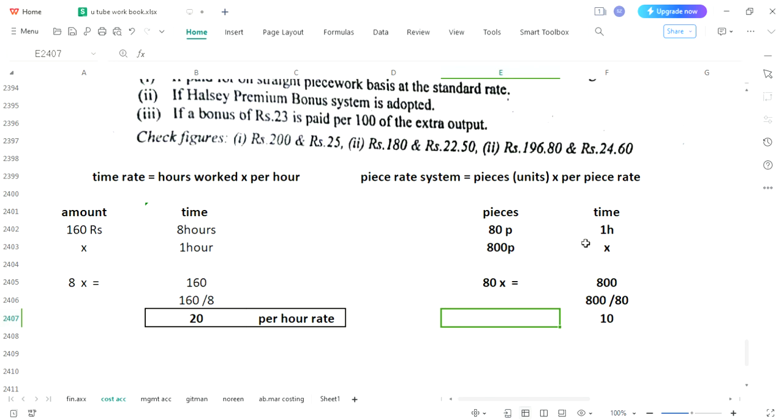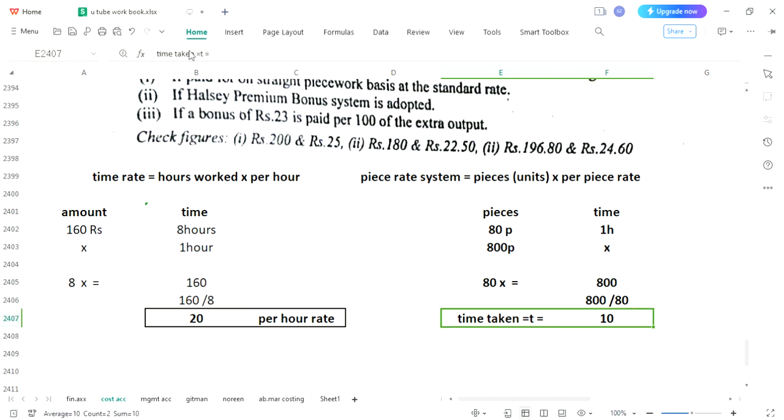Let's see the question: 80 pieces are made in 1 hour. How much time would be needed to make 800 pieces? So it is actually time taken, and it should be denoted by T. So we have 20 as time taken.